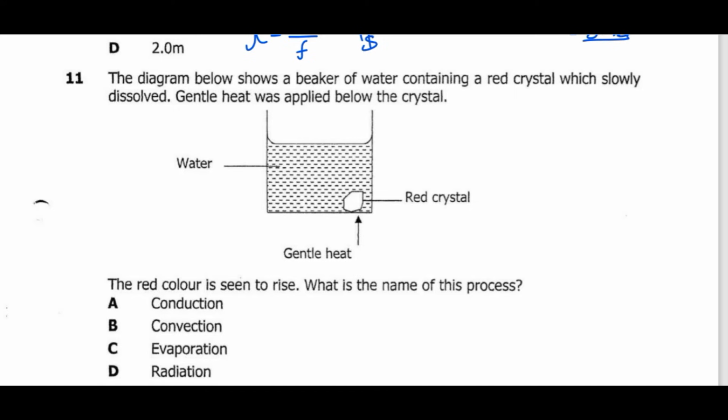So after that dissolving, then we are told the red color was observed to rise. So this process should just be convection, because we are dealing with the movement of molecules, the movement of heat in a liquid. So that is just convection.